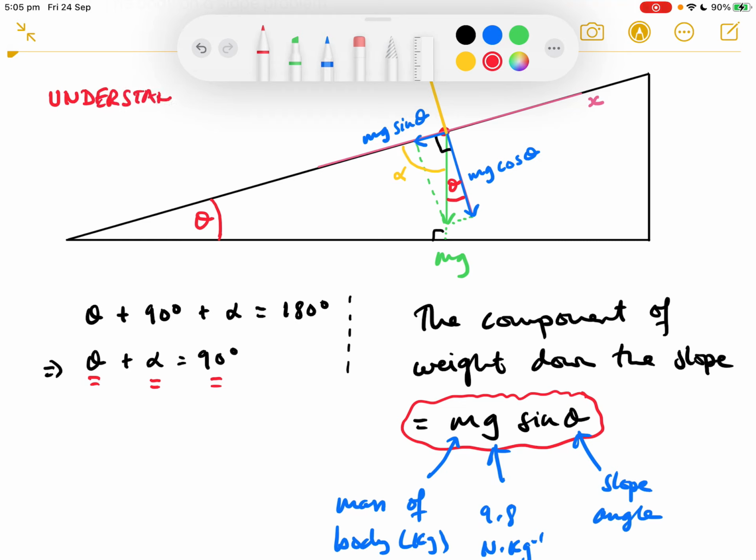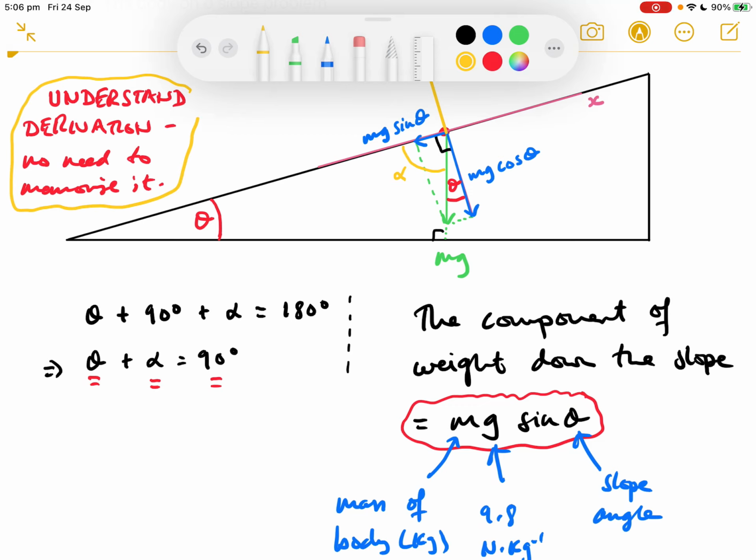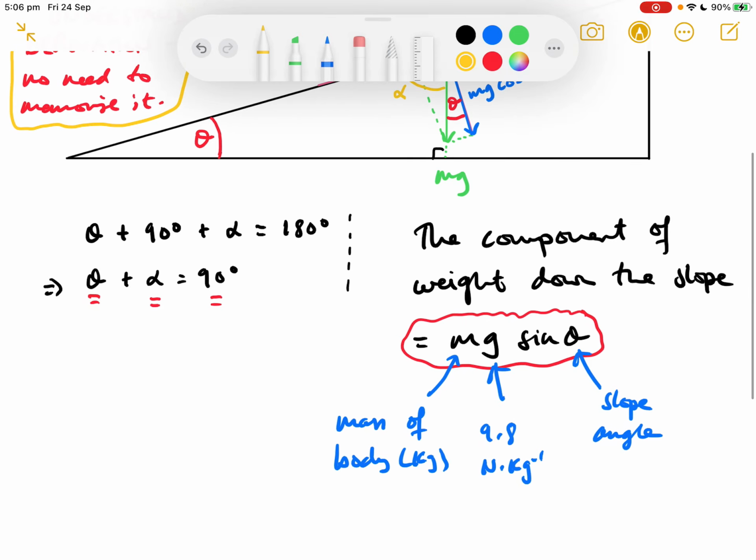Important note: you need to understand the derivation, but you don't need to memorize it. You won't be asked to do that.